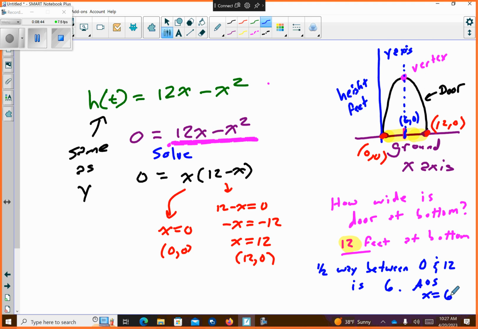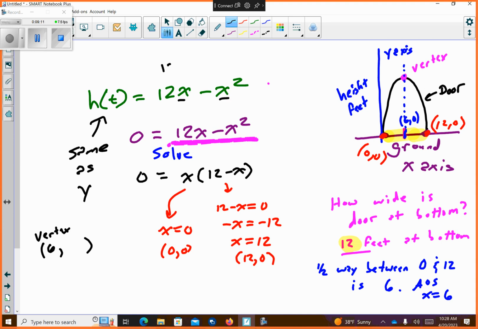Okay, so my friends, how do I find the rest of the vertex? If I know the first number has to be 6, how do I find the rest of the vertex? What do you think? Plug it in. Yeah. I'm going to plug the 6 in here and the 6 in here.